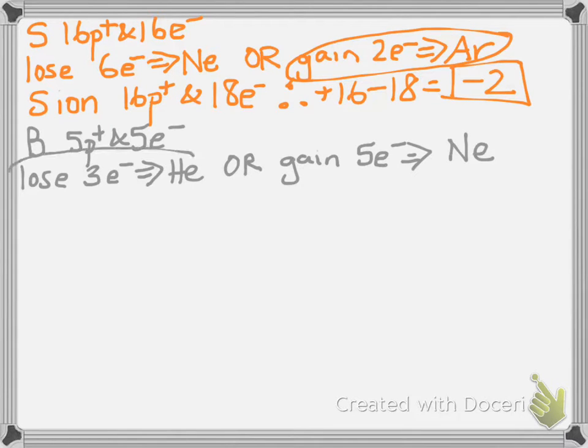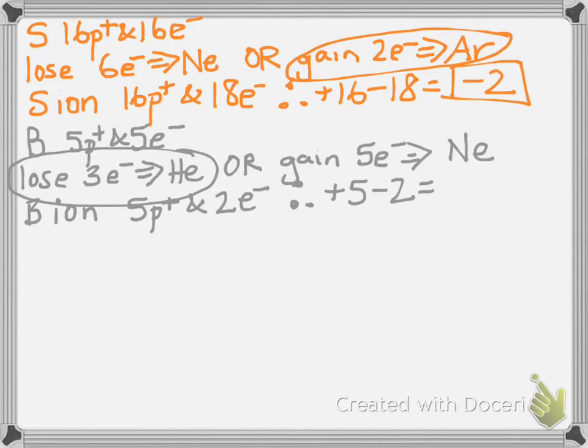It's going to do whatever's easiest. It's going to lose its 3 electrons. So boron as an ion has 5 protons and 2 electrons. Therefore, positive 5 minus 2 gives us a positive 3 charge for boron.